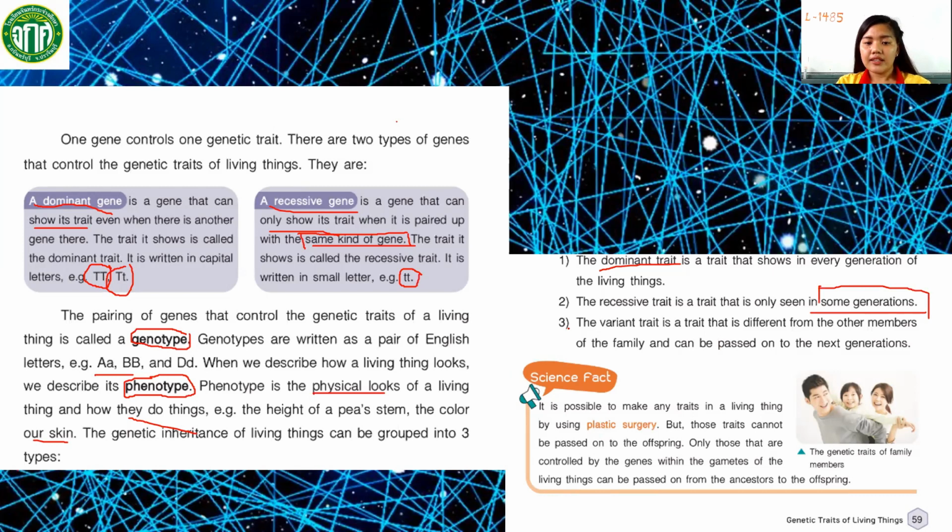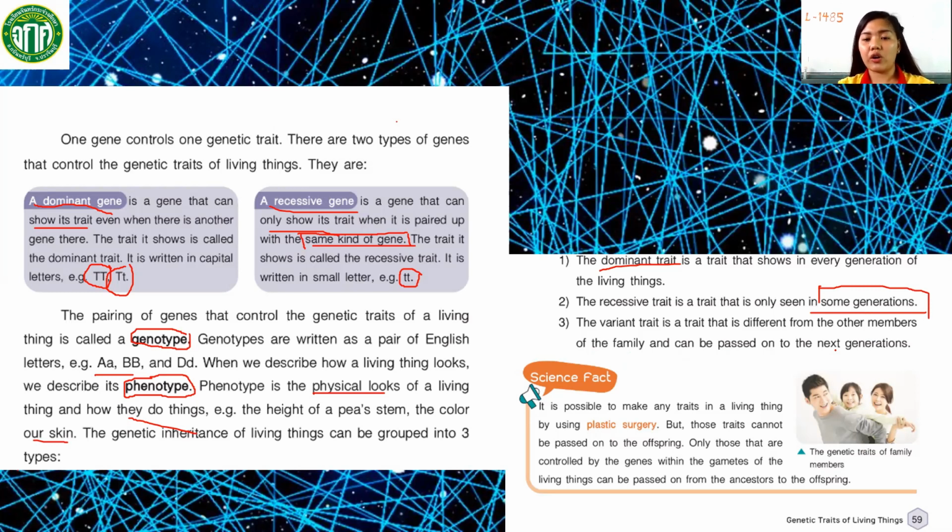Okay. Next, in number 3, the variant trait is a trait that is different from the other members of the family and can be passed on to the next generation. Okay, let's say, for example, you have siblings. Your brother has a dimple, but you don't have.